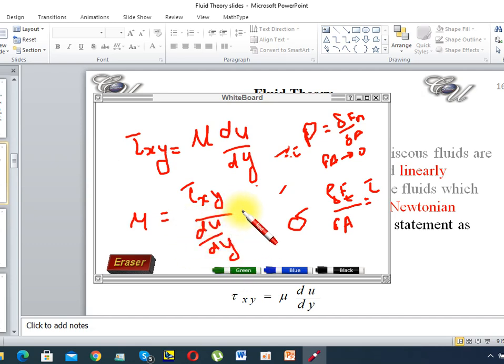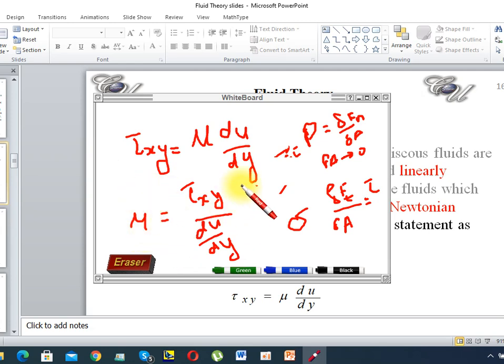Okay, it is not like such a ratio, because normally when we have a ratio there are no dimensions, but this mu has dimension. So it doesn't mean that it is just like a ratio. Okay, but this is shear stress versus deformation, and it produces a property which we call dynamic viscosity.